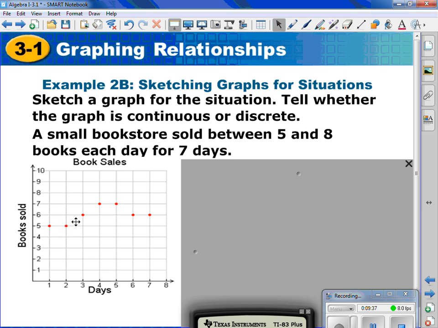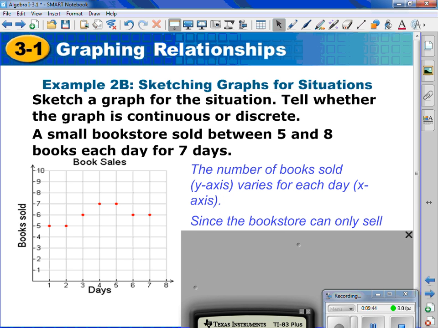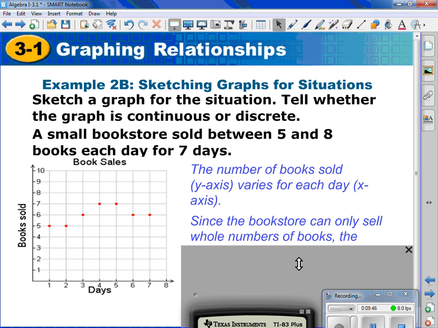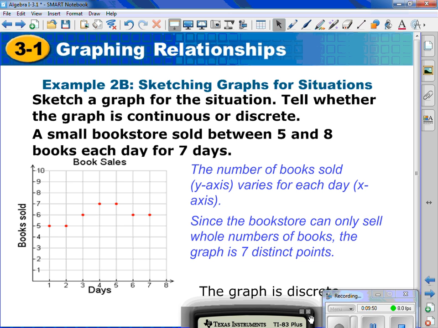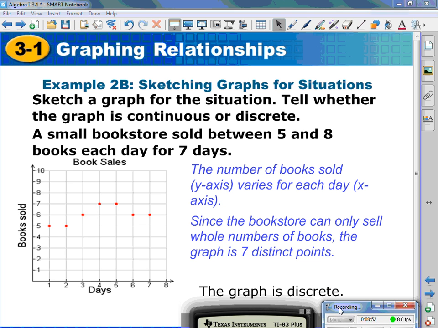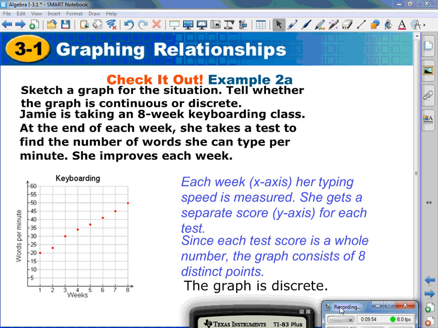You notice that you can't sell the books in between each day. Since you can only sell a whole number of books, it is a discrete graph. Do you understand the difference between continuous and discrete? All right.